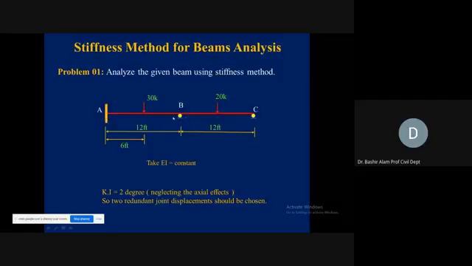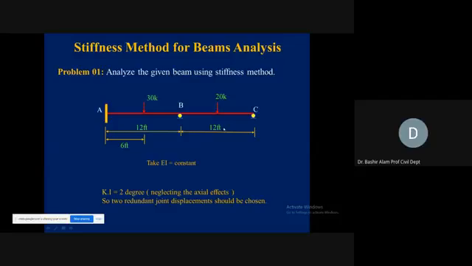At B, it is allowing horizontal translation and rotation also. So 2 degrees from B, and similarly from C also we have 2 degrees. So this is a total 4 degrees indeterminate problem.